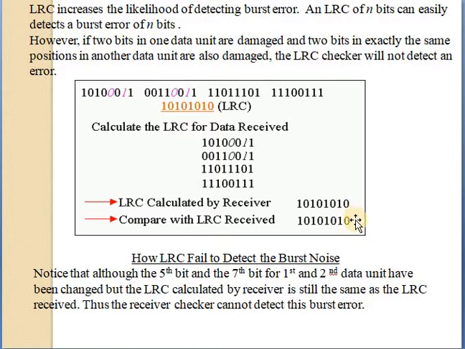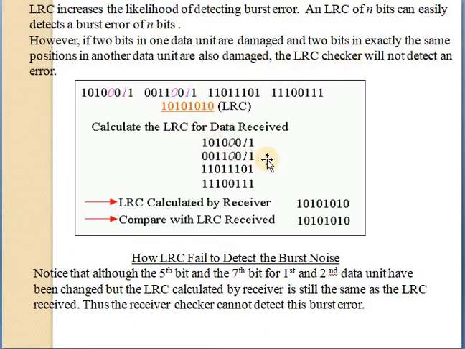This is the same. In LRC, if the sender's LRC matches the receiver's LRC, then the data is accepted by the receiver. But here, if 2 bits in one data unit are damaged and 2 bits in exactly the same position in another data unit are also damaged, the LRC checker will not detect the error.